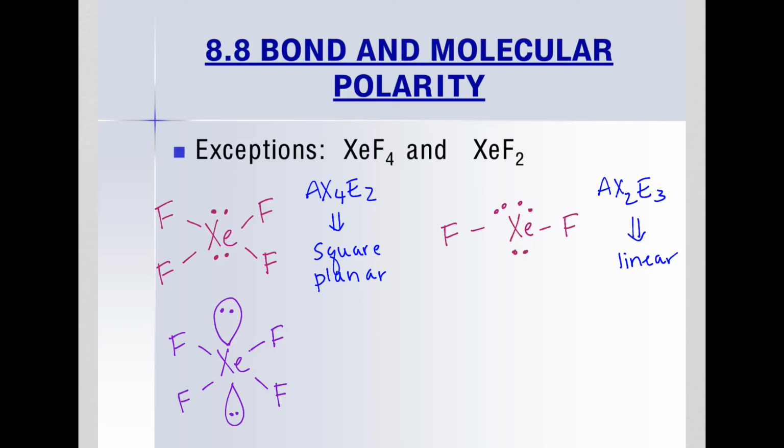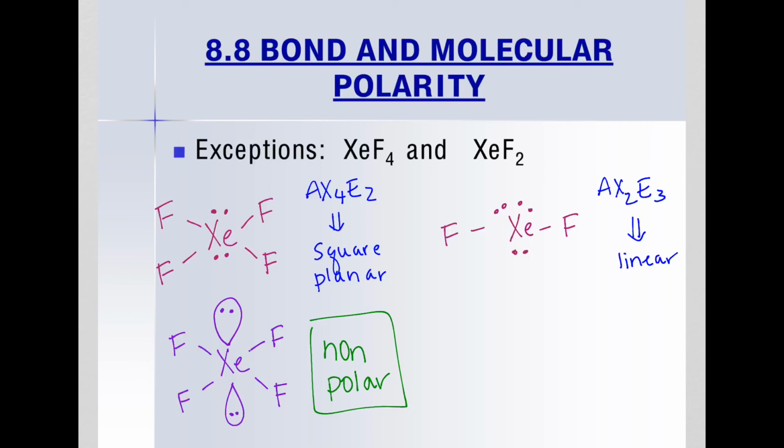So all these fluorines are on one axis and canceling each other out. These lone pairs are on the other axis 180 degrees from each other. So they are actually canceling out. They're balancing each other, which means that this would be nonpolar because of that. It is not being pulled in any particular direction.